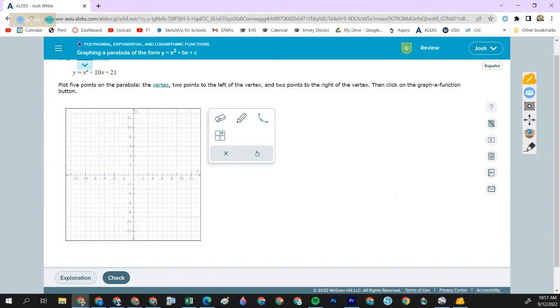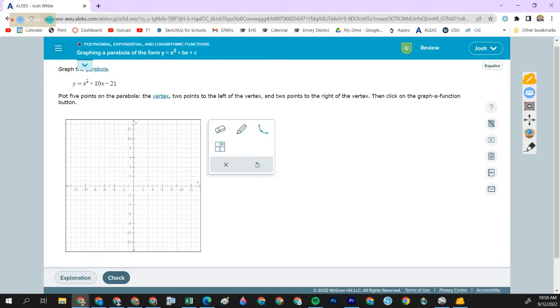Okay. How do we graph this parabola? Well, if we could find the vertex, then it should be pretty easy to graph. And the vertex, the x-coordinate of the vertex, is always found at negative b over 2a.